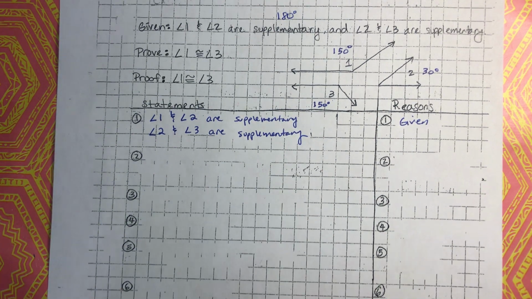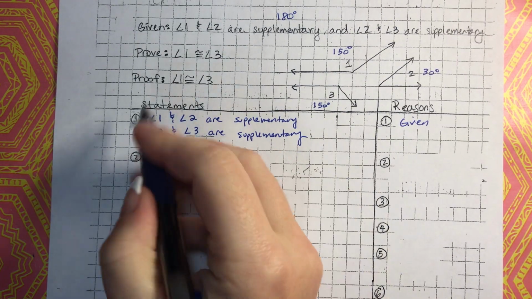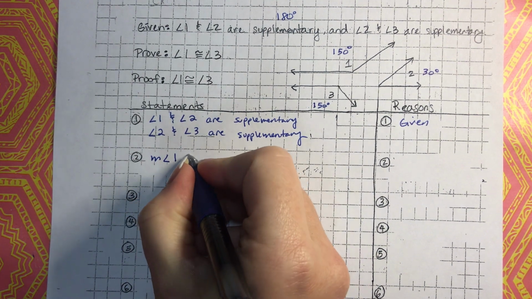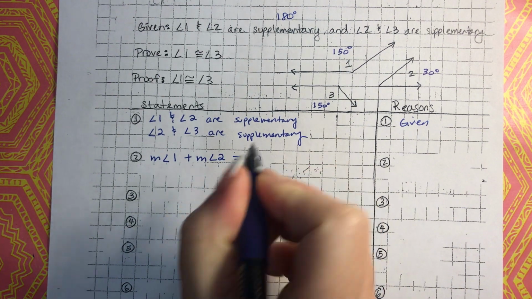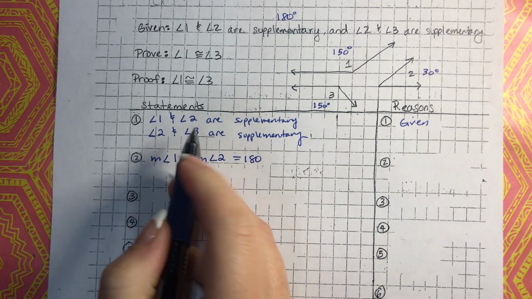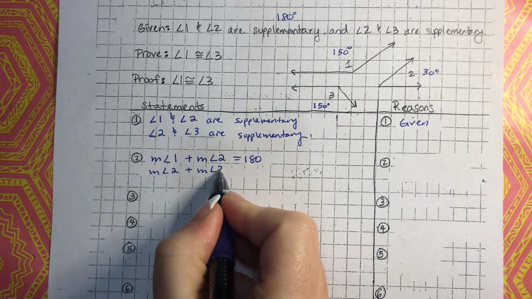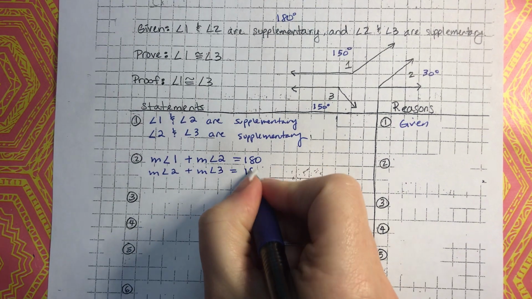It was the definition of supplementary angles, which states that whenever angle 1 and angle 2 are supplementary, I can rewrite that as an equation. I can say the measure of angle 1 plus the measure of angle 2 is equal to 180 degrees. And then I can say the measure of angle 2 plus the measure of angle 3 is equal to 180 degrees.